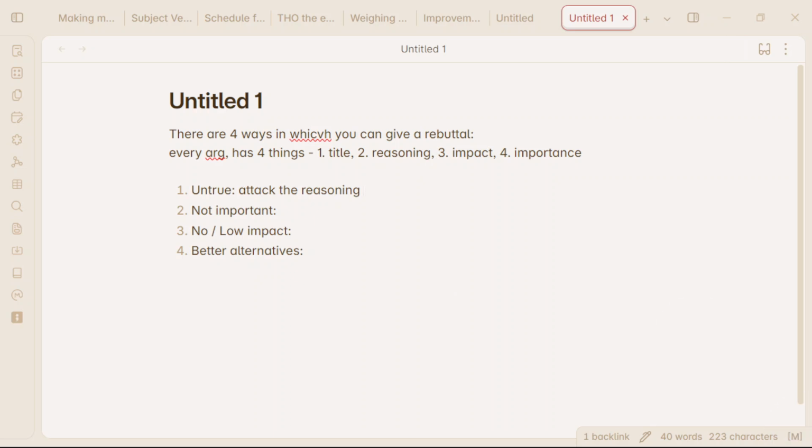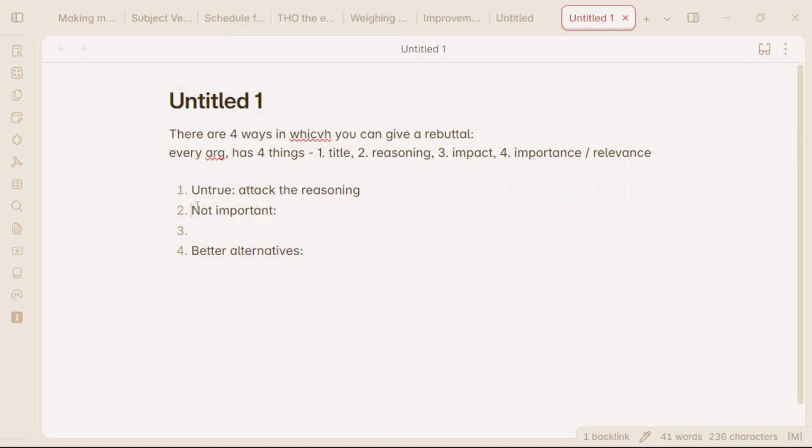Okay. The next thing that you can do is show how their argument is not important. Of course, as the name suggests, to show this, you need to attack their importance or relevance to the debate motion. I'll come to it, but before that, let's go in serial order and cover the impact first.